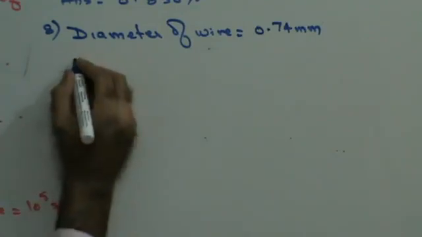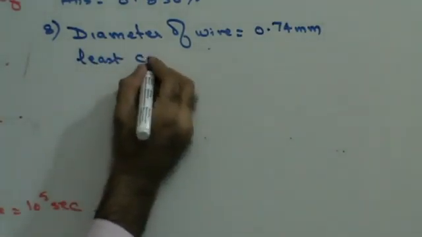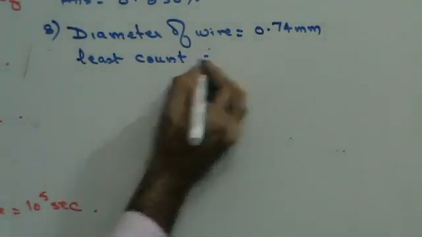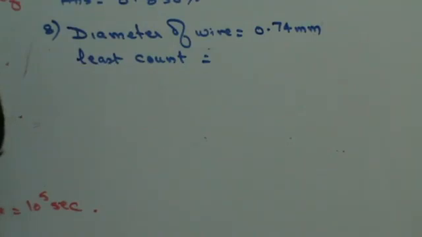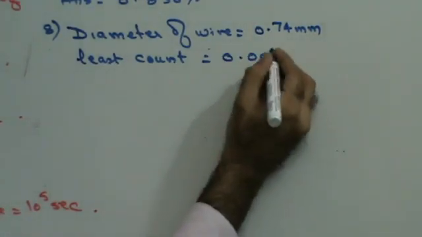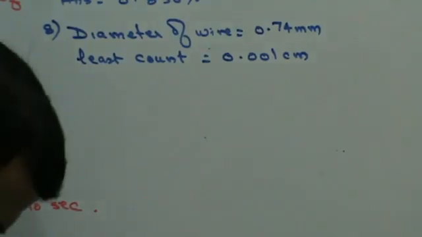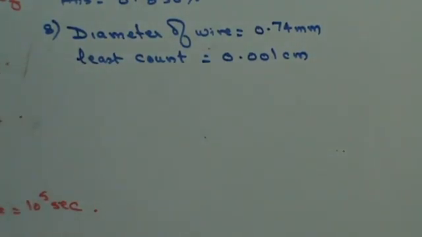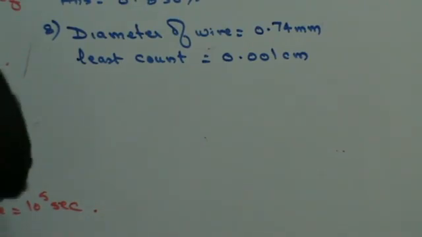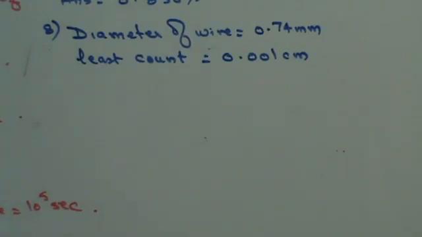If the least count of the screw gauge is 0.001 centimeters, find the percentage error in its measurement.